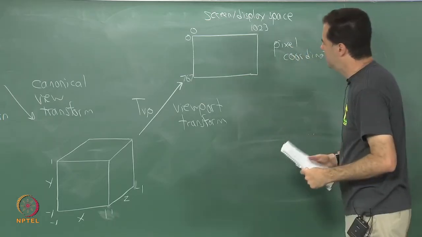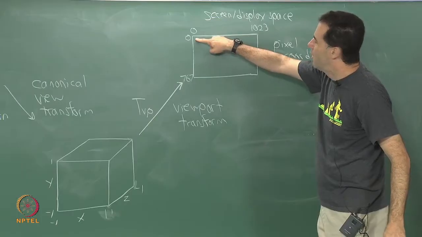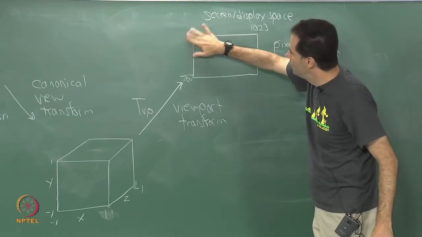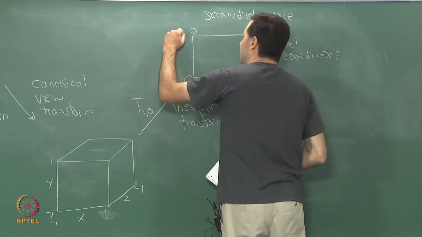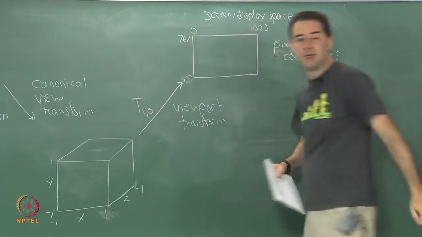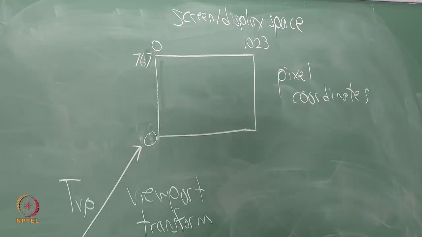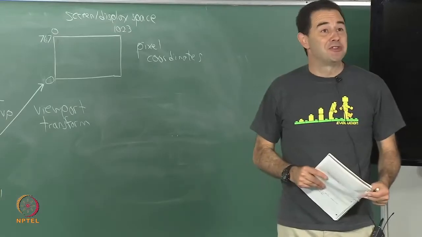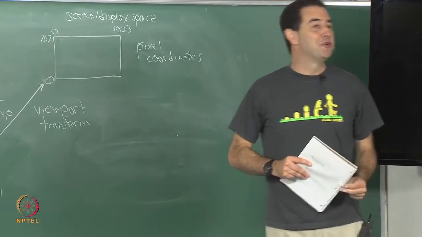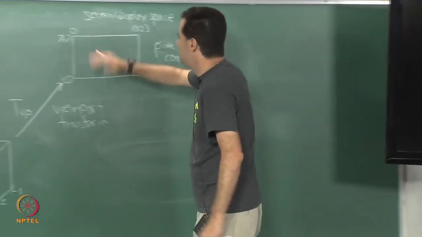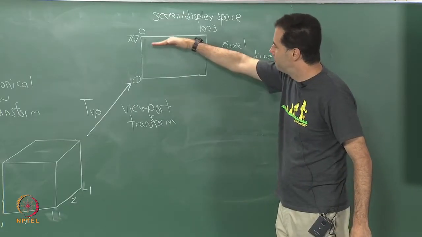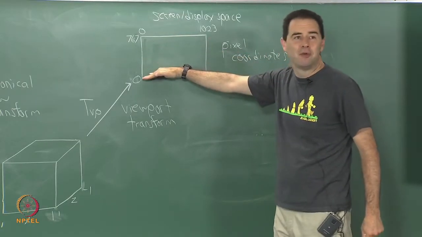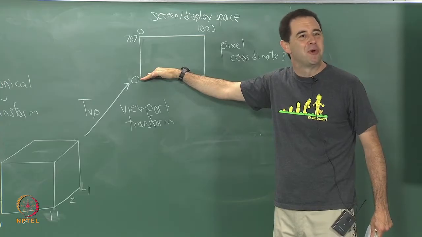You also have an interesting question of, do you want y to increase as you go down, or do you want it to go in the other direction? Maybe it looks like this, 0 to 767 for example. Maybe it goes in this direction. It depends on how it gets addressed in whatever low level software you have. So you may have it going in one direction or another. I believe for historical reasons y increases going downward, but that doesn't look like nice planar Cartesian coordinates, does it?